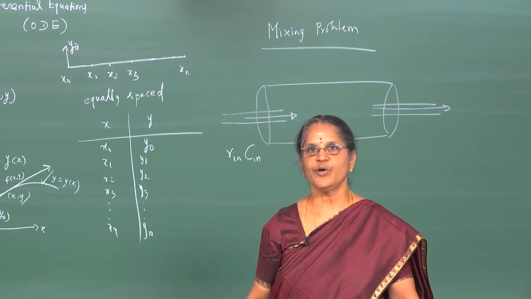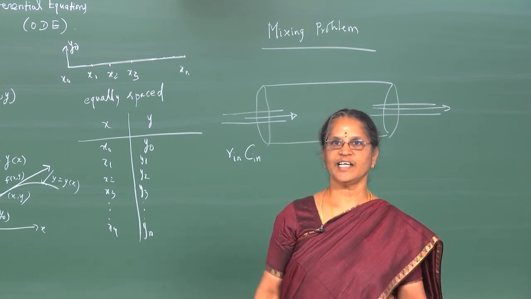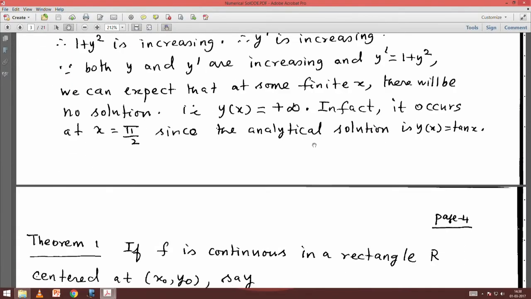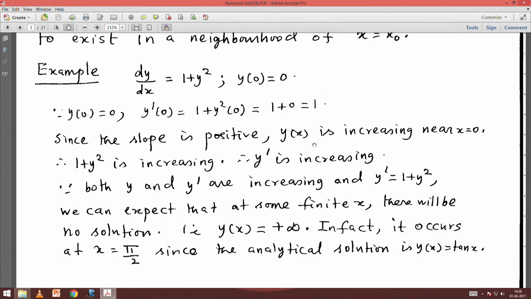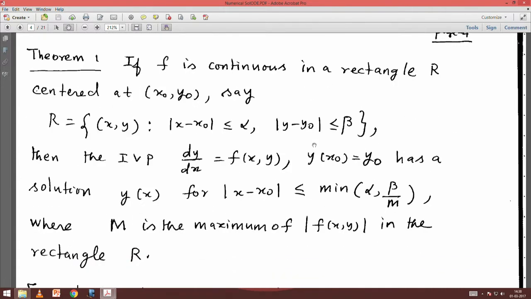So, at x is equal to pi by 2, your analytical solution is going to become infinite. So, you observe from this example that your solution becomes infinite at x equal to pi by 2, it does not exist. So, let us keep this example in mind and see what the next result tells us.